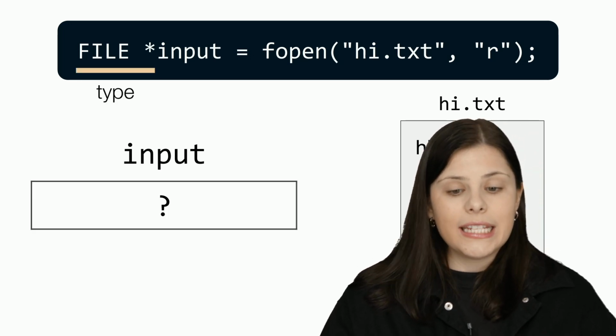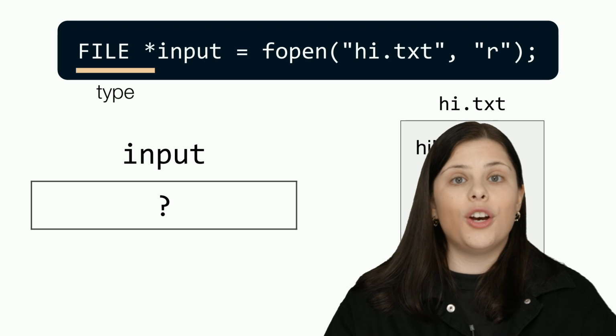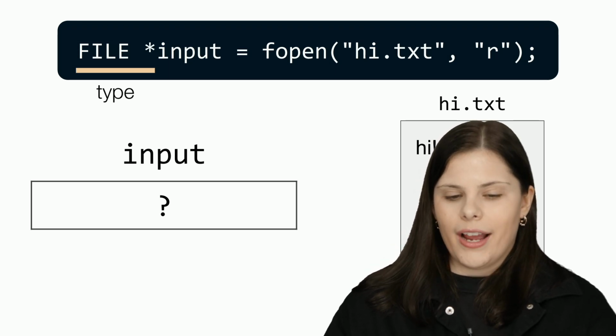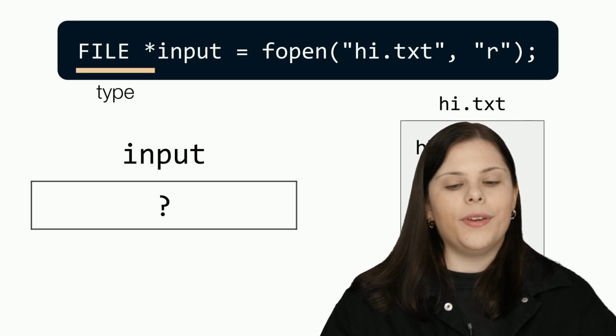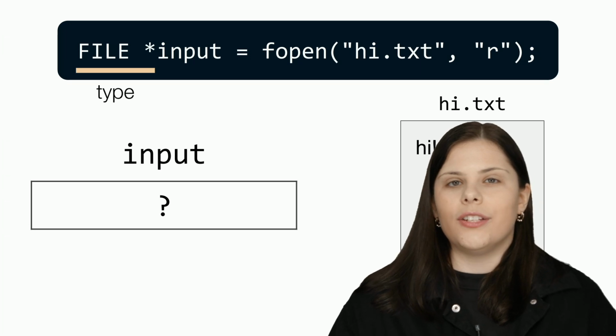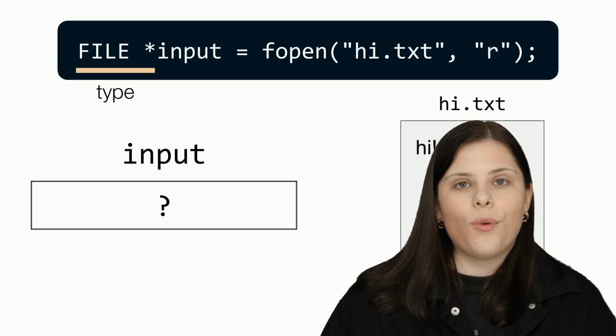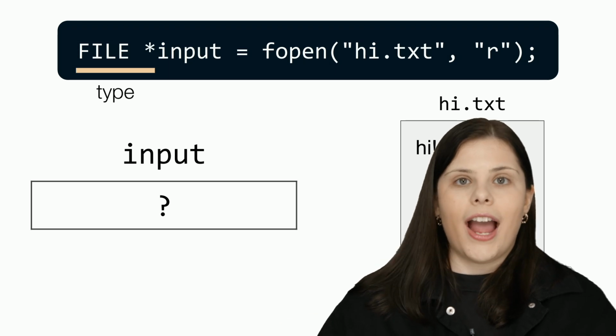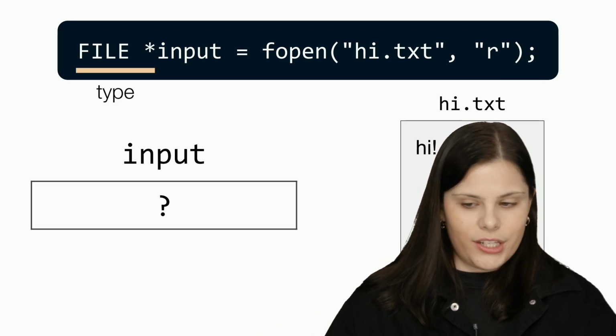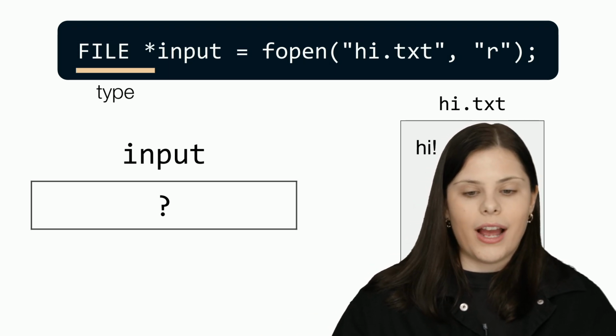In this case, our type is a pointer to FILE. We've seen int star, we've seen char star. FILE star is again very similar, but someone just went ahead and defined what FILE is, and it is literally these txt files or any other files.